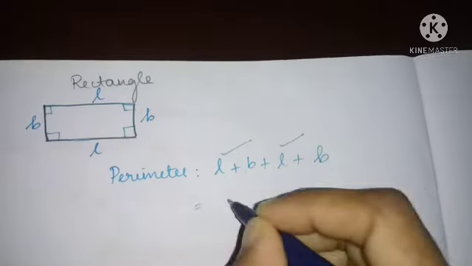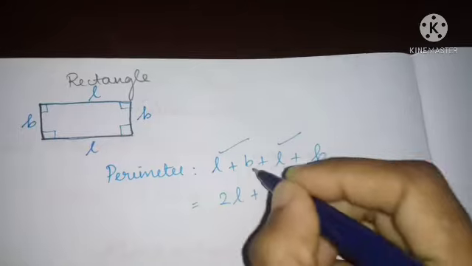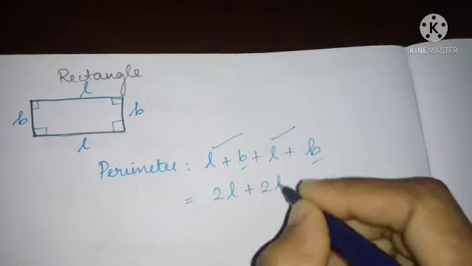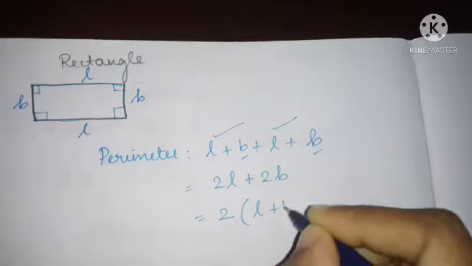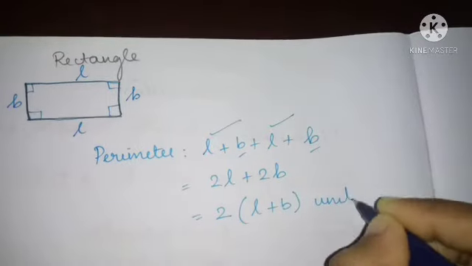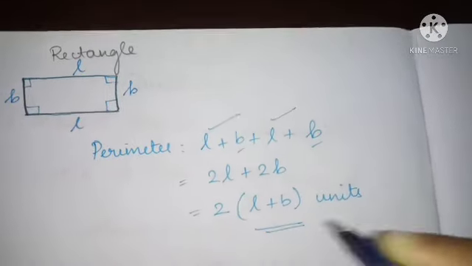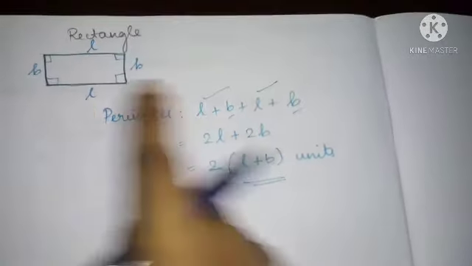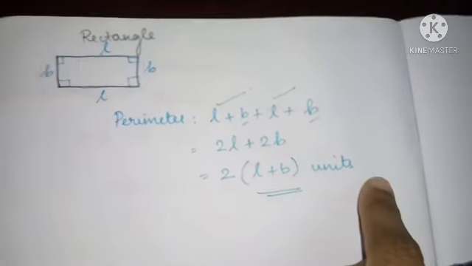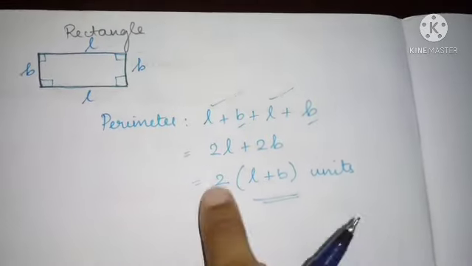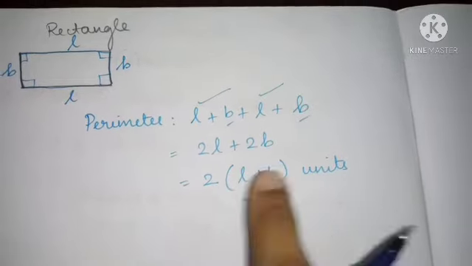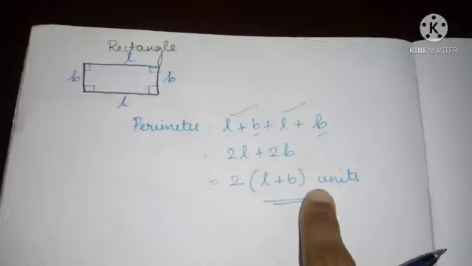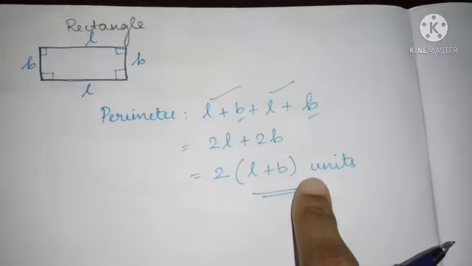So L plus L, 2L, plus B plus B, 2B. So you can take 2 outside common, L plus B. Units: if it is in centimeter, my answer will be in centimeter. 2 into (L plus B). So if length and breadth are given, we can easily find the perimeter.